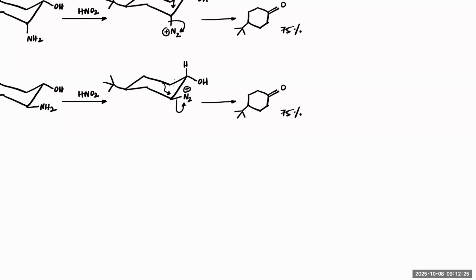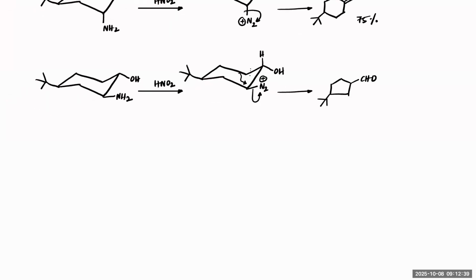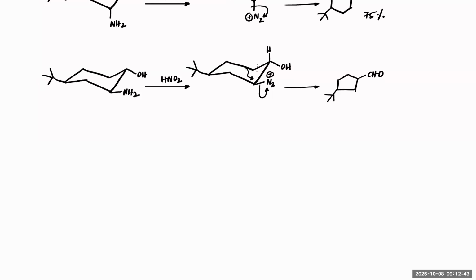The bond will shift onto this side, because of which you will have a 5-membered ring instead of a 6-membered ring. Now you'll have a 5-membered ring like this with the tert-butyl group here, and on this side we will have CHO. Clear?